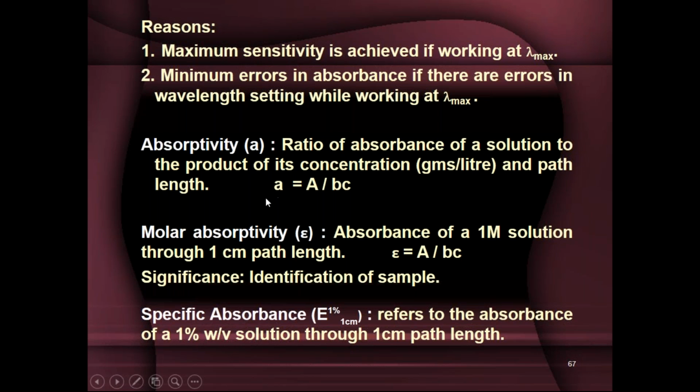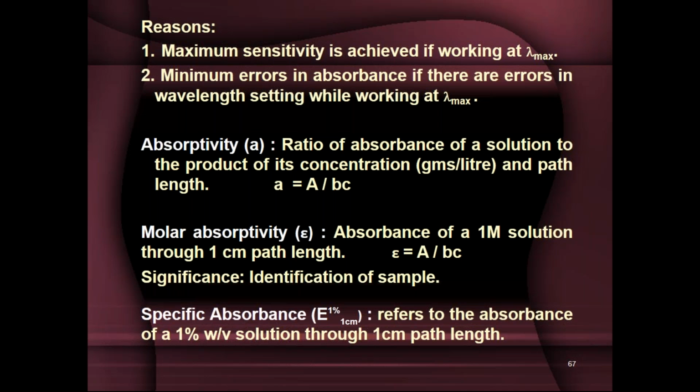So you see here, small a equals absorbance divided by bc. b is the path length in centimeters and c is the concentration in grams per liter. A is of course the absorbance of the solution. If you take this ratio, you will get the absorptivity.